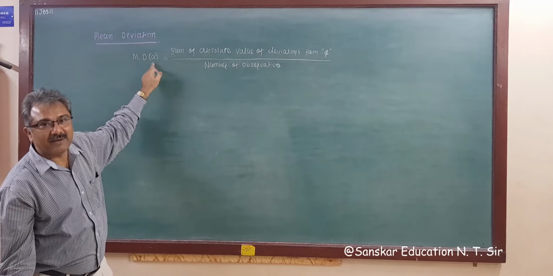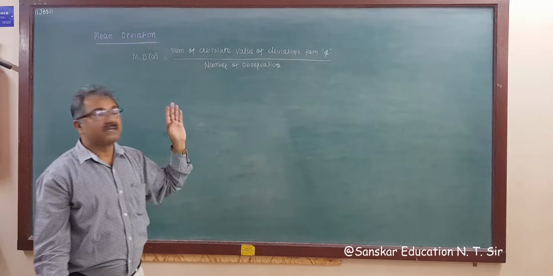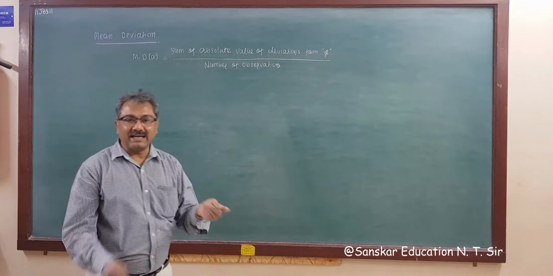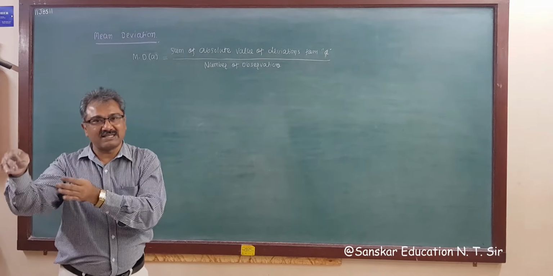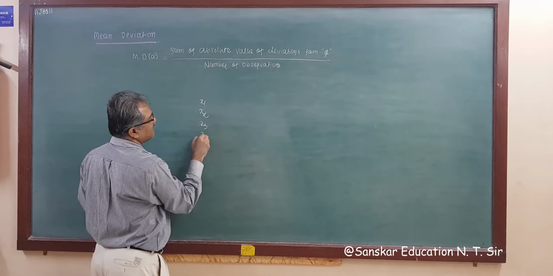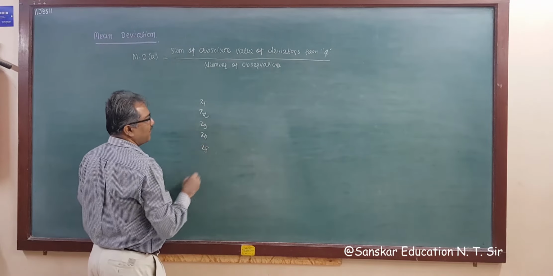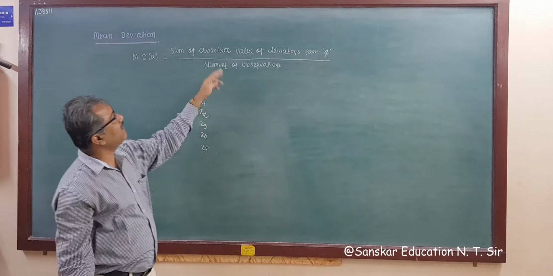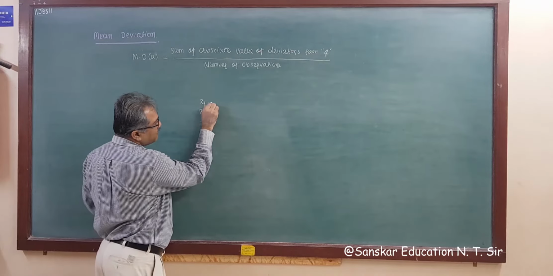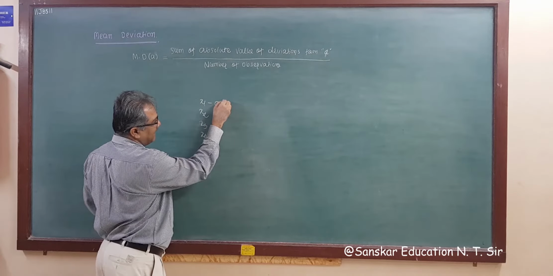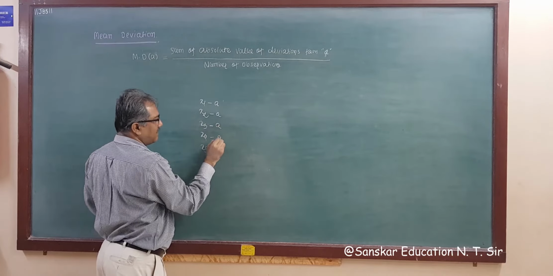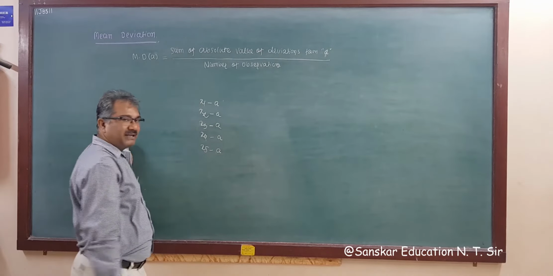Mean deviation about A is the sum of the absolute values of deviations from A. So if we are given observations x1, x2, x3, x4, x5, we take the absolute value of the deviation from A: that is |x1 minus A|, |x2 minus A|, |x3 minus A|, |x4 minus A|, |x5 minus A|.